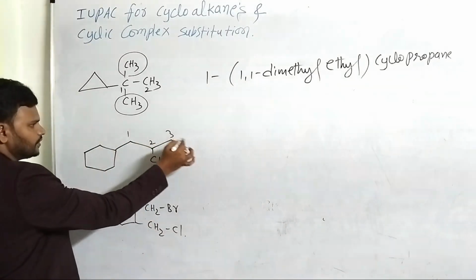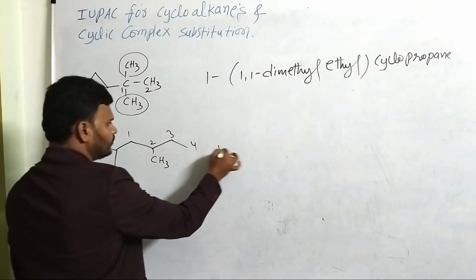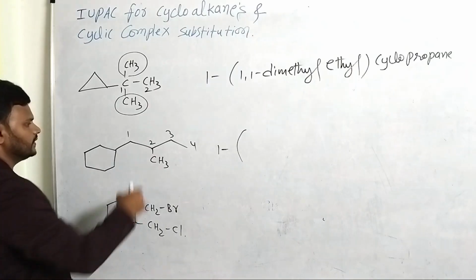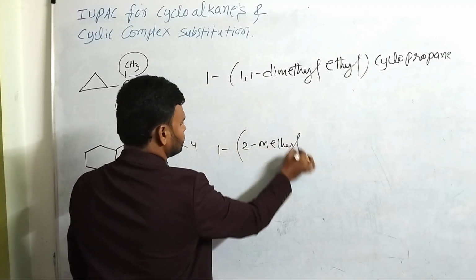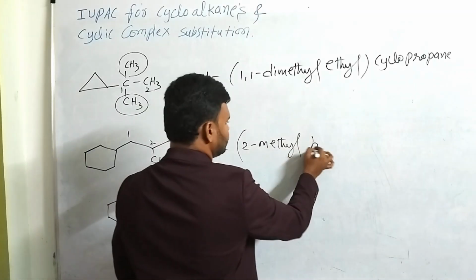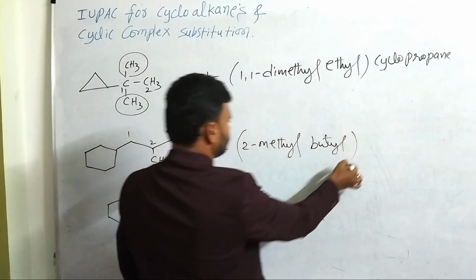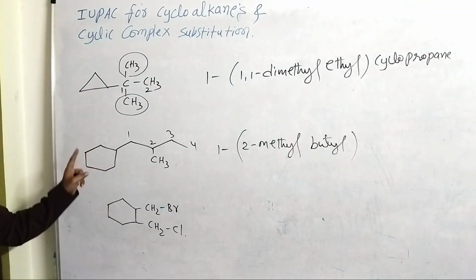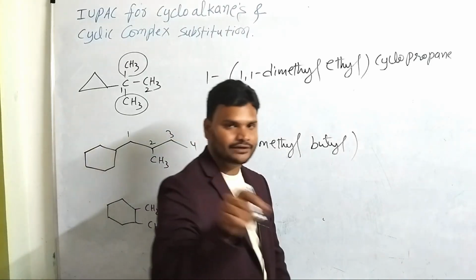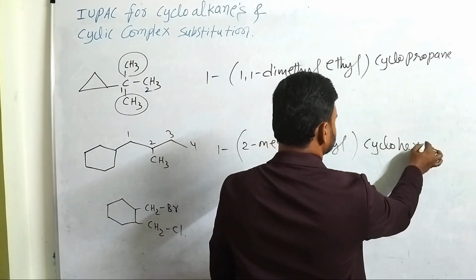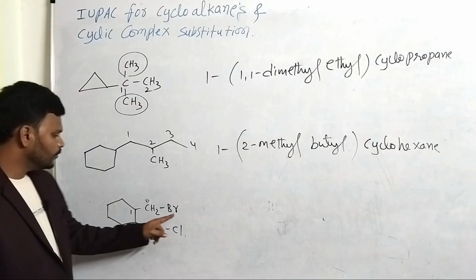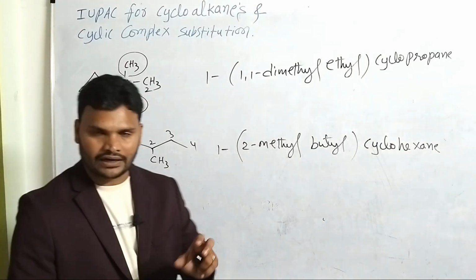Next one, same logic. 1, 2, 3, 4. You have to write the first 1 like this. Next, at the second position methyl, 2 methyl, total 4, which means butyl, bracket close. Next, the ring contains 6 carbons, which means cyclohexane. So bromine, chlorine, you have to follow alphabetical order.